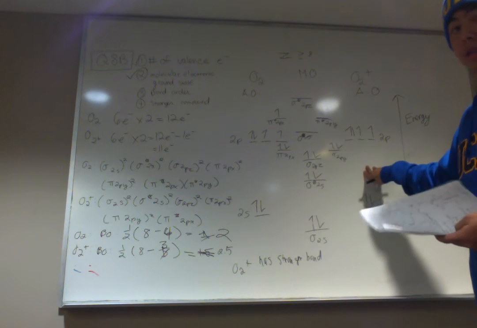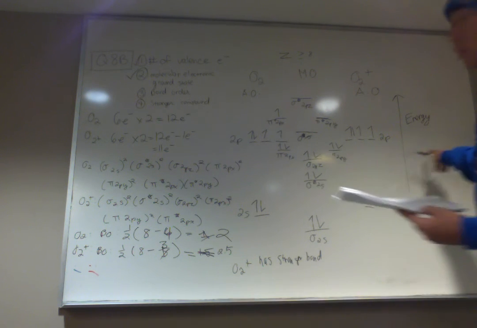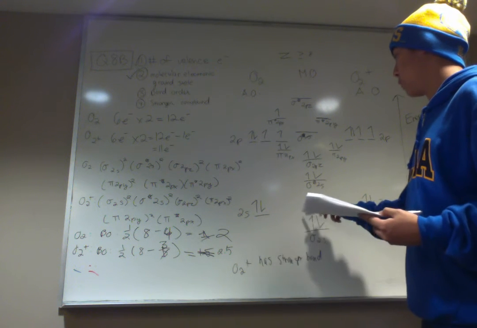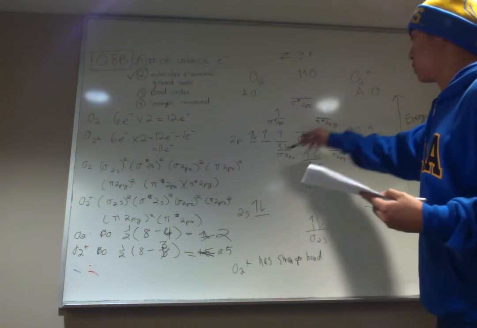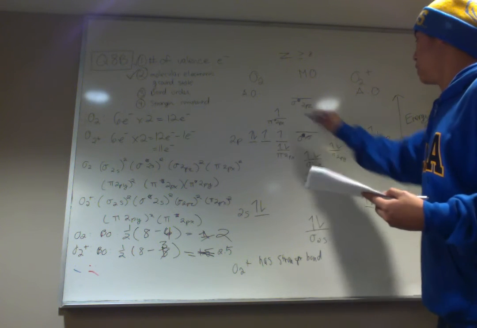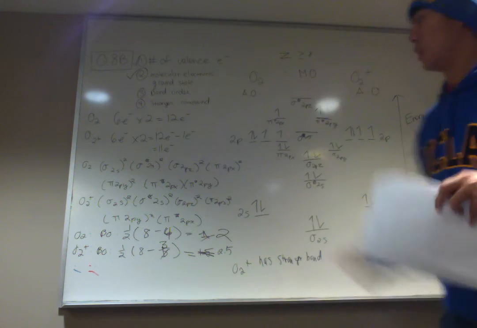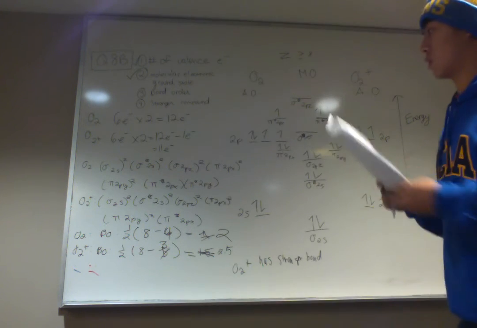After filling this in, we find the sum of these two: 6 plus 6 is 12. We fill it out from the bottom up because energy is increasing: 1, 2, 3, 4, 5, 6, 7, 8, 9, 10, 11, 12 for O2. Then it corresponds to the molecular electronic ground state.